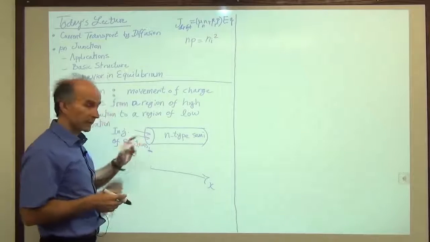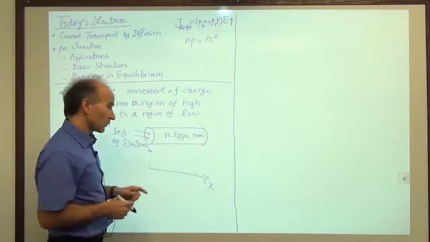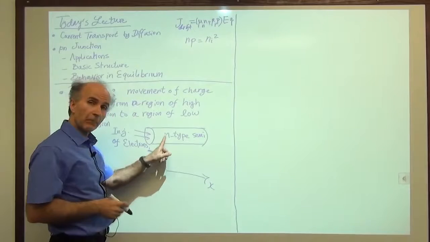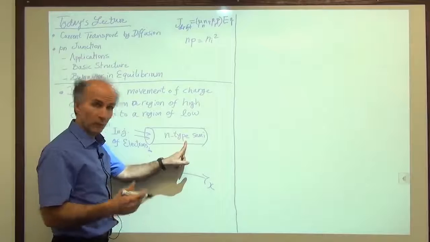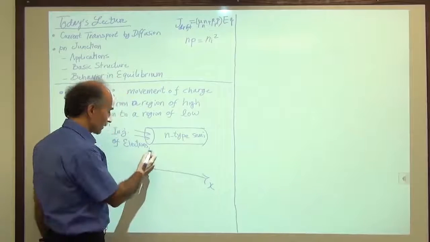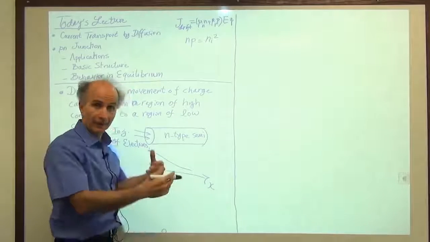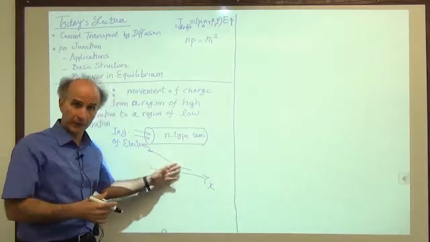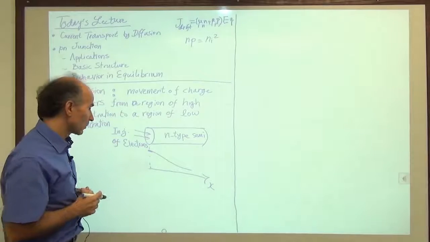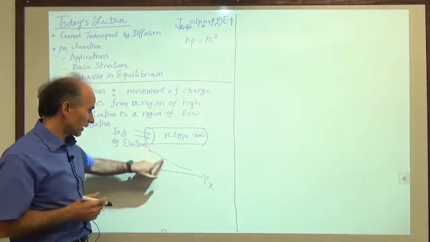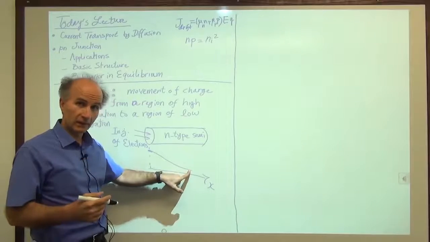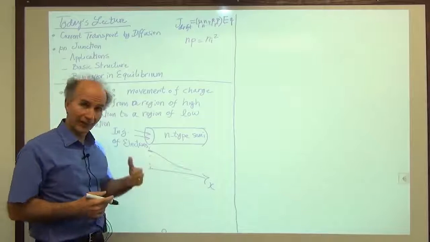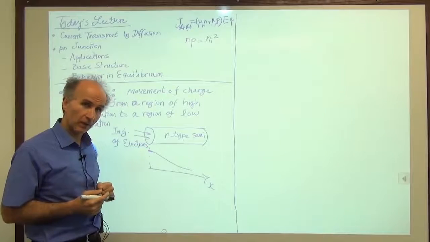But electrons don't want to stay here. They diffuse away. So if we go over here and measure the concentration of electrons, it will be lower. If we go here, it will be lower, and so on. So it goes down. We don't know exactly in what form it goes down, but it goes down. So we have a high concentration here and low concentration here. We say we have a gradient of concentration.